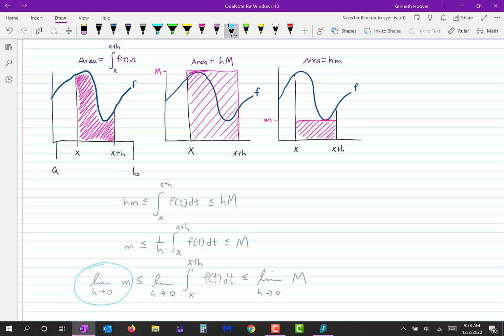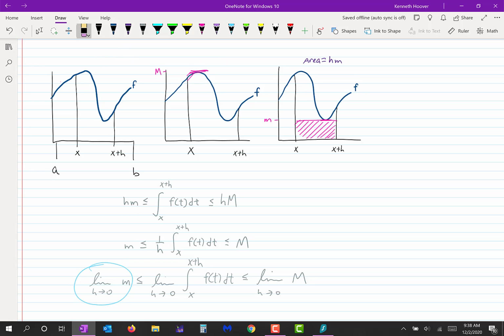As h goes to 0, I think I'm going to erase the pink lines out of our way. We don't need to look at those areas anymore, so let's erase them so that we can see a little bit more of what's in the picture.